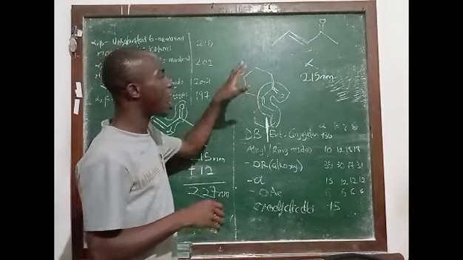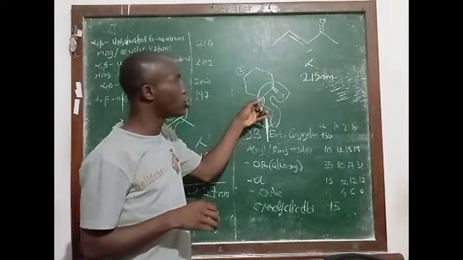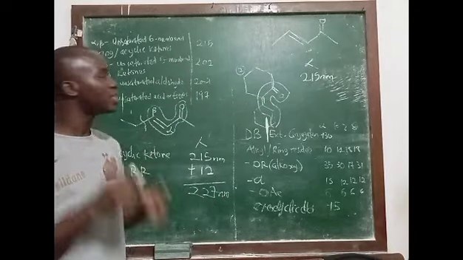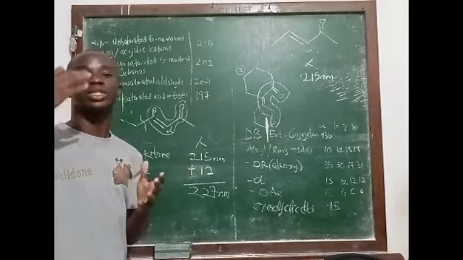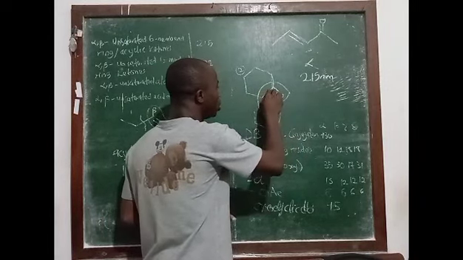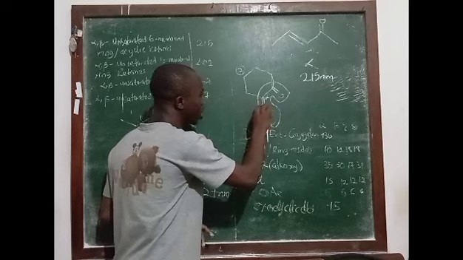Now, after we have gotten the parent or the basic lambda value for this compound, the next thing to do is to identify the carbons after the carbonyl carbon along the conjugation path. So this carbon here will be our alpha carbon. The carbon here will be the beta carbon.